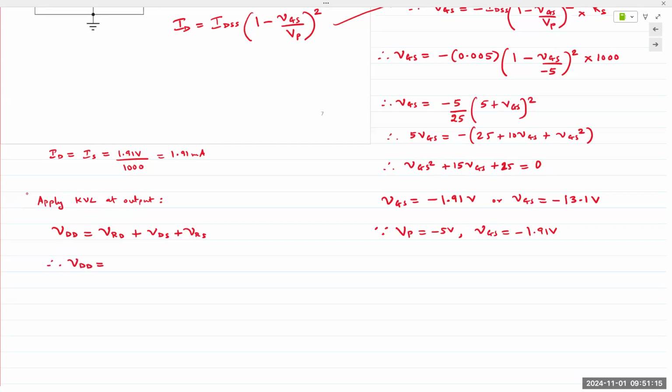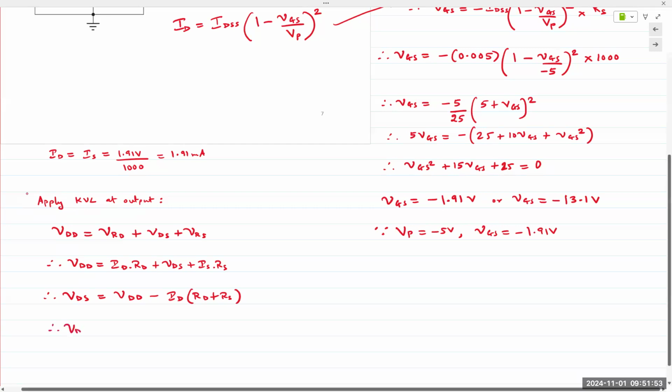Therefore, VDD is equal to IDRD plus VDS plus IS times RS. IS and ID are the same. We want to take VDS on the other side because that's the unknown quantity. So we get VDD minus ID times RD plus RS.